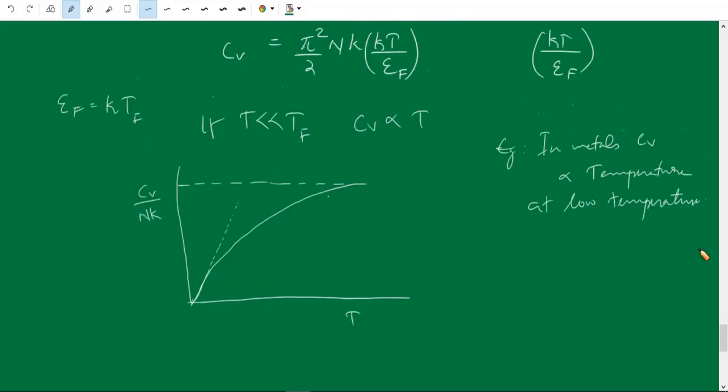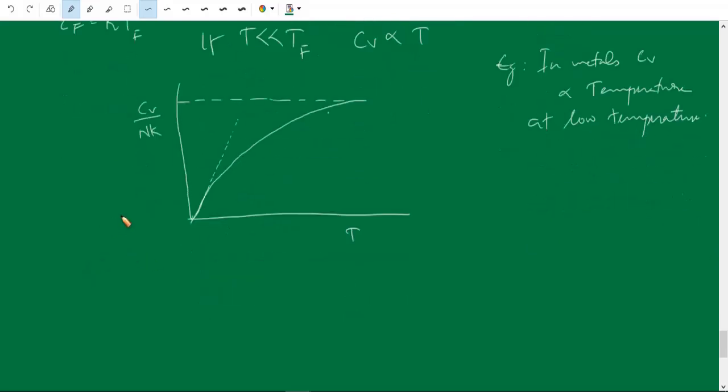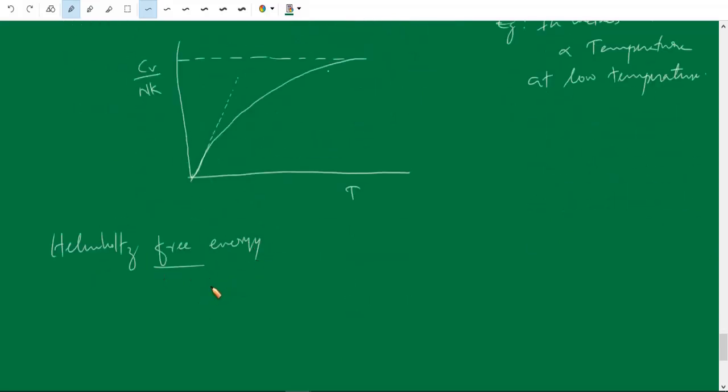Now next we want to see what is the Helmholtz free energy. The Helmholtz free energy A is equal to N mu minus PV, that is, the Gibbs free energy minus PV.